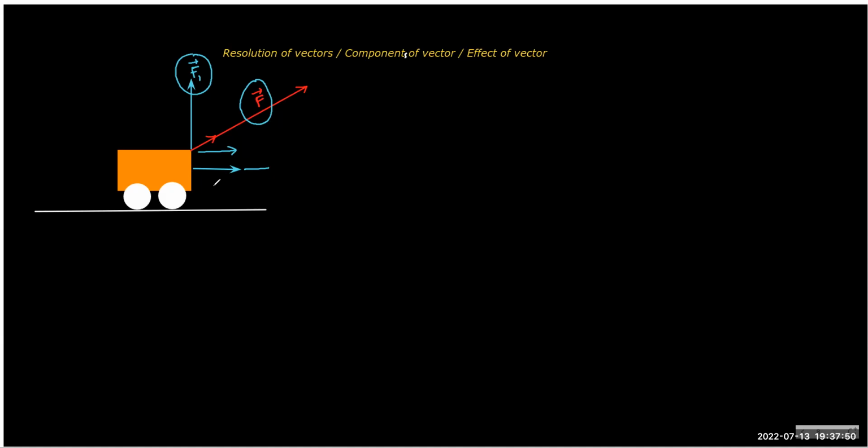So we are able to pull the car in the horizontal direction towards the right, because the way I was applying force has at least some effect in the horizontal direction. So what does it mean?